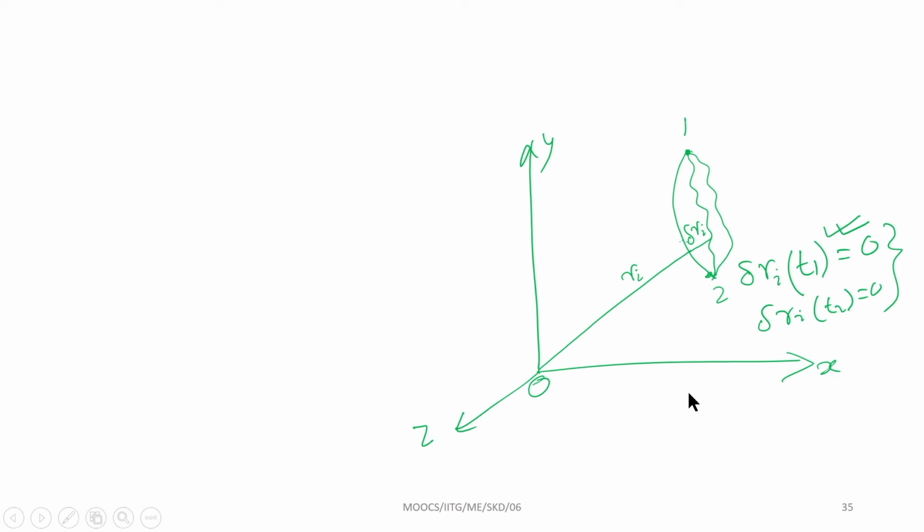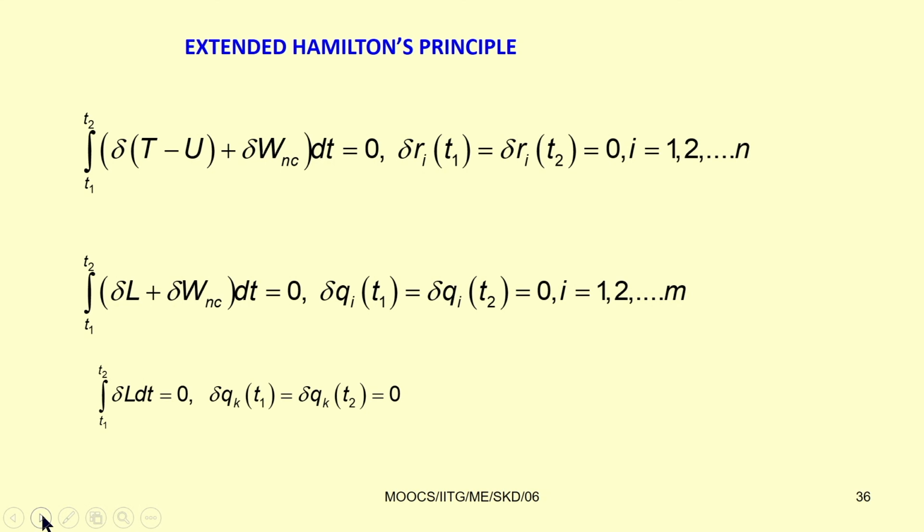Knowing this varied path and the actual path, this extended Hamilton principle is derived. That principle is the integral of delta T minus U plus delta W n c dt equal to 0, and I already told you the condition: delta r I at t 1 equals delta r I at t 2 equals 0.